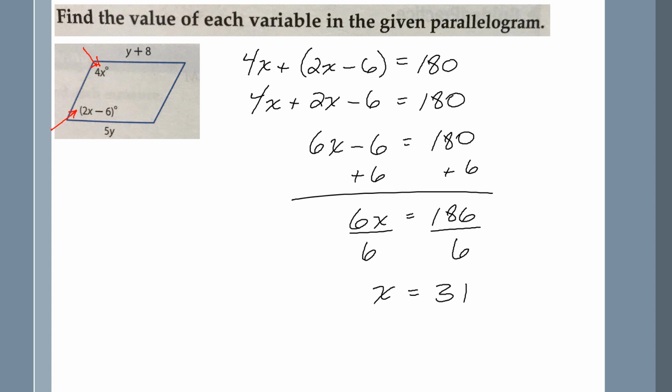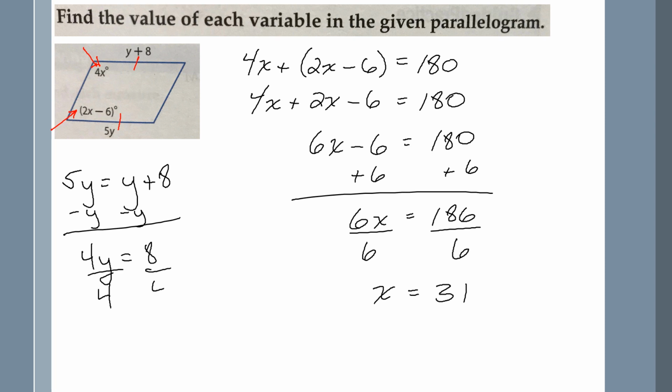I also know that opposite sides are congruent, so we're going to set this up as 5y is equal to y plus 8. So I'm going to subtract y from each side, and I end up with 4y is equal to 8. So I'll just divide each side by 4 here, and we end up with y is equal to 2.